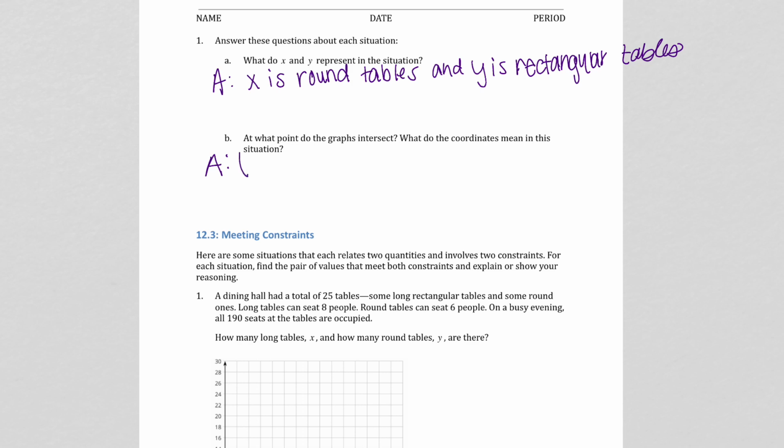So our point is going to be 5, 15. What do the coordinates mean? What does 5 mean? Round table. So 5 round tables. And 15 what? Rectangular tables.